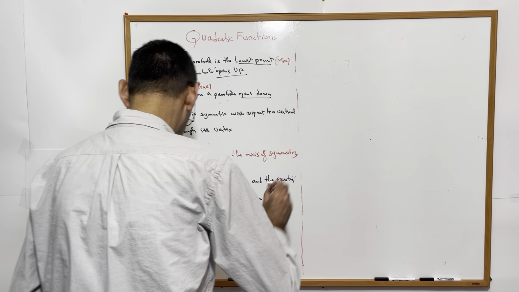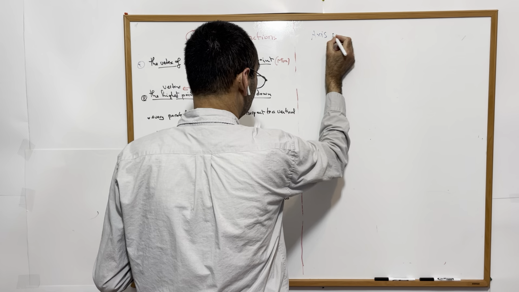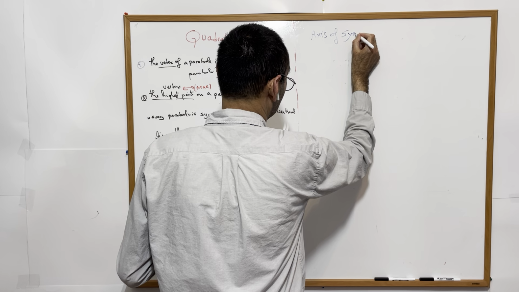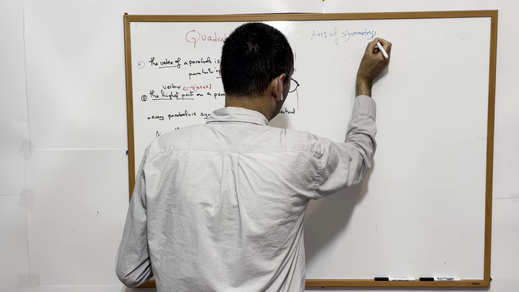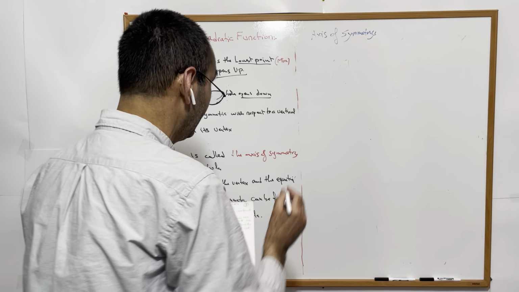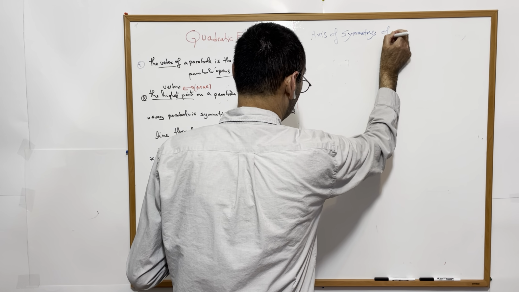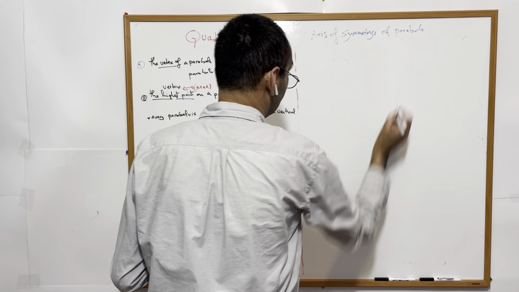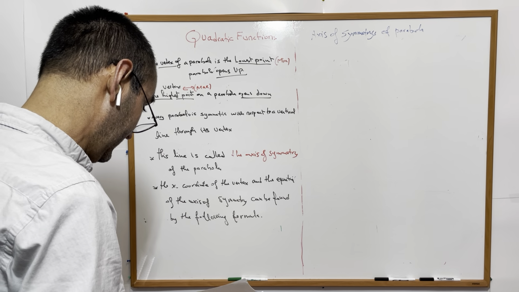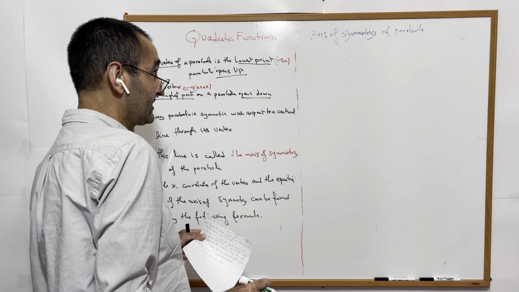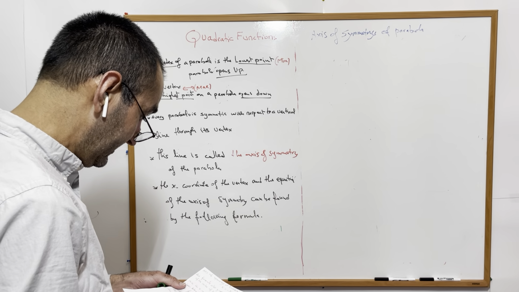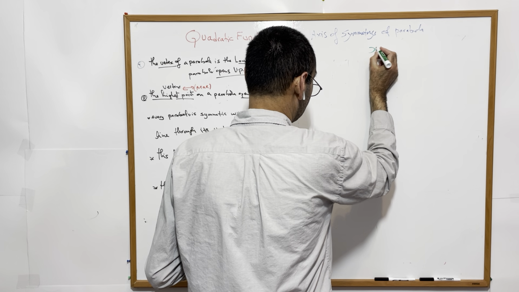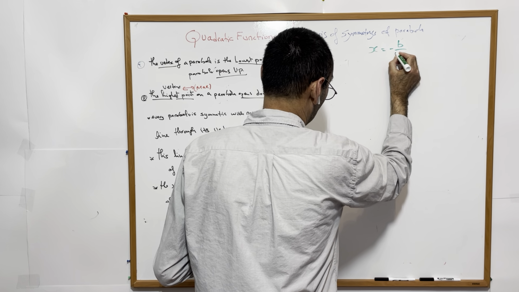Axis of symmetry of parabola. The axis of symmetry of a parabola has the equation x equals minus b over 2a.